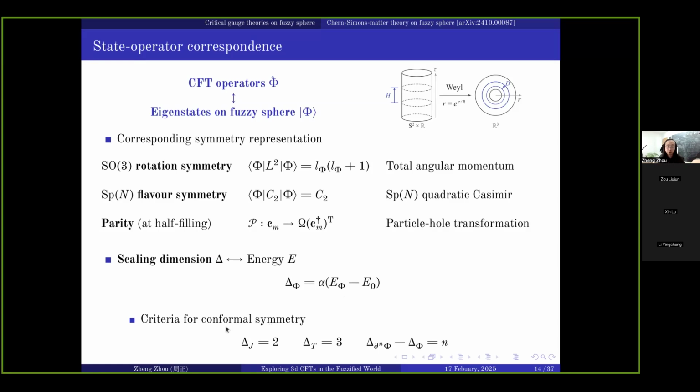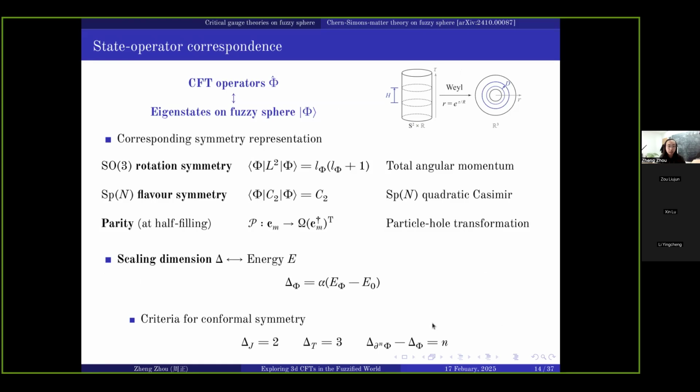For example, in a CFT there must be a conserved current with scaling dimension exactly 2, or a stress tensor with scaling dimension exactly 3, or integer-spaced multiplets.